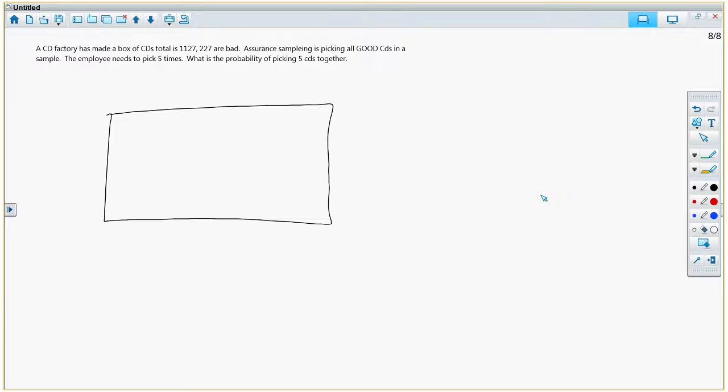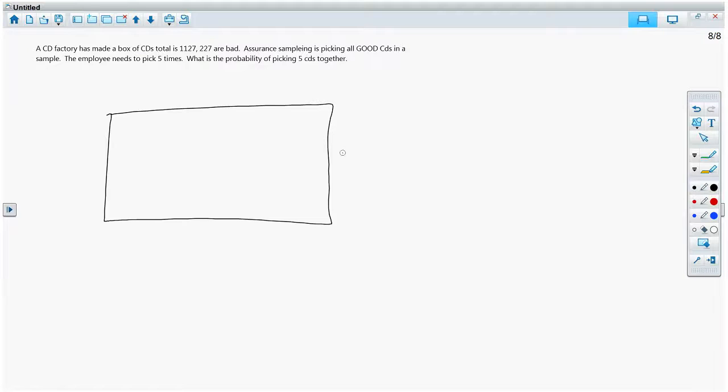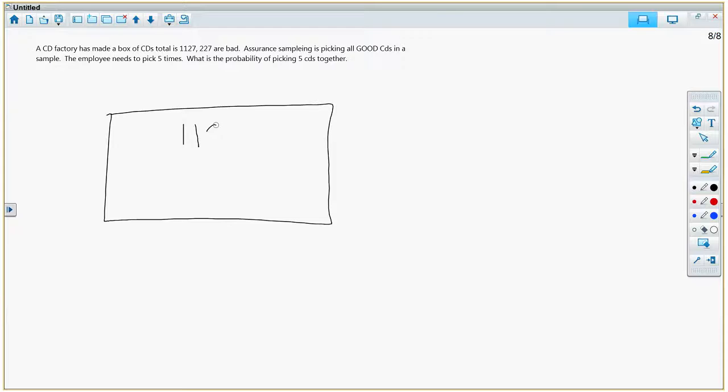So 10% or whatever it comes out to be, they say right before they even stick their hand in it, they know that 227 are probably bad. Okay, now what does that do to the problem? Well, up here you got 1127 as the total. So over here I'm going to put a corner here and a corner here, and I'm going to put good and I'm going to put bad.